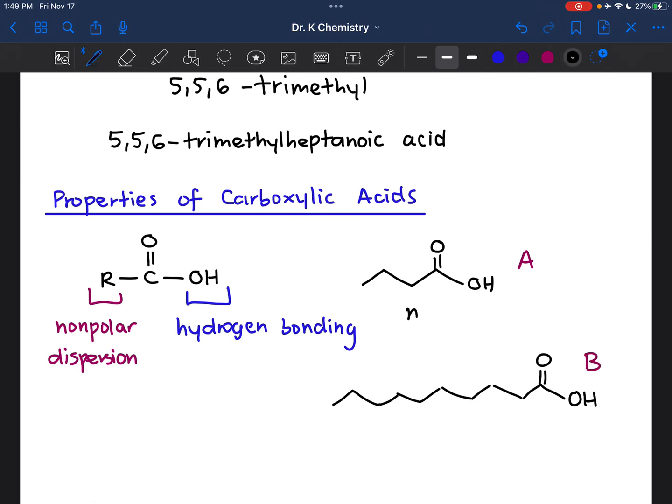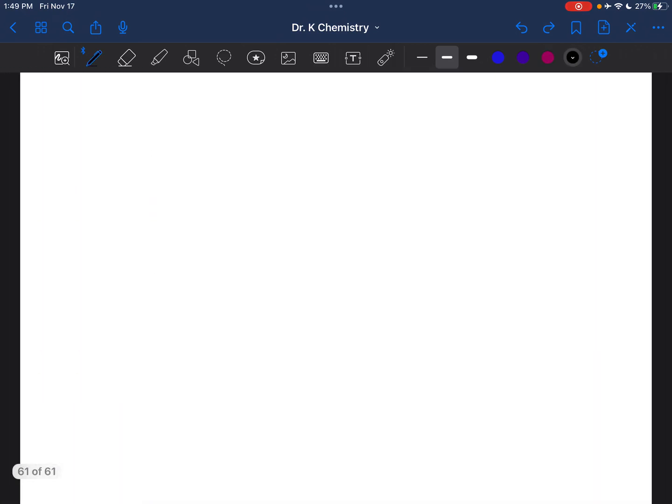So if we call these A and B, I would consider A to be more soluble in water than B, due to the fact that there is a hydrogen bonding interaction here and fewer dispersion interactions on the R group chain.